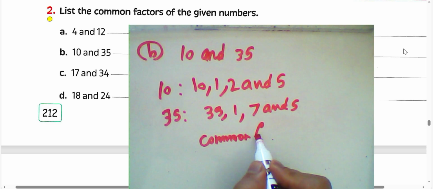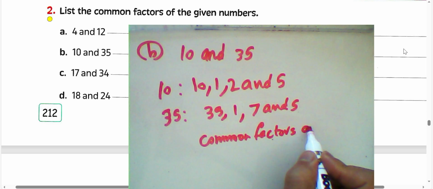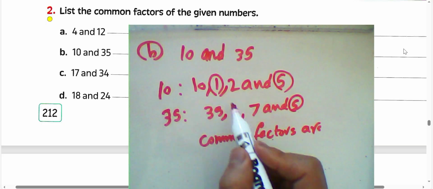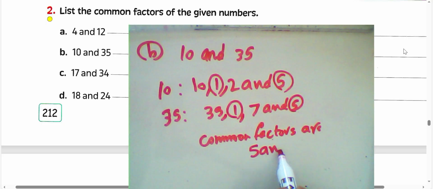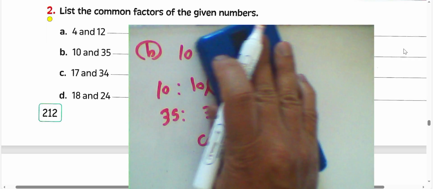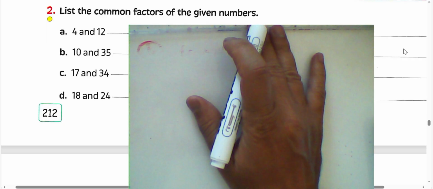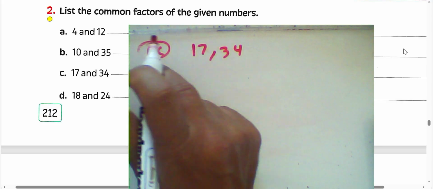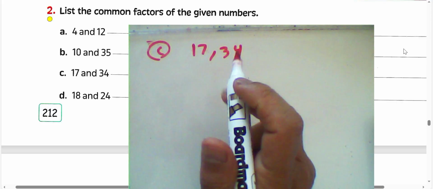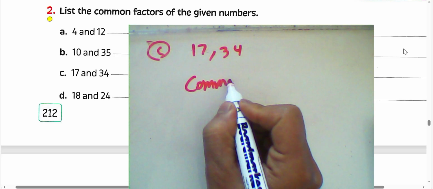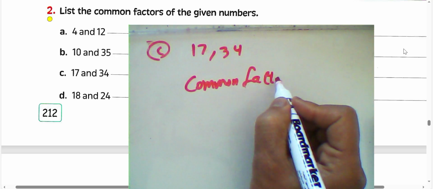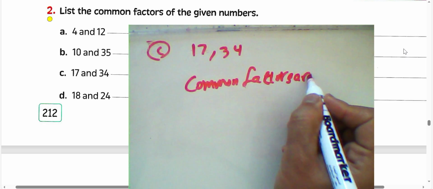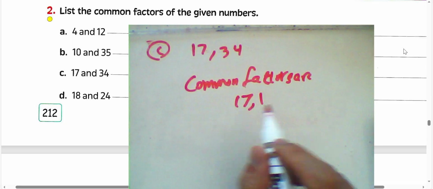The common factors between them are 5 and 1. Letter C. Common factors between 17 and 34. 34 can be divided by 17. The common factors are 17 and 1.